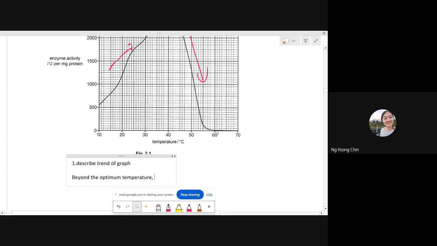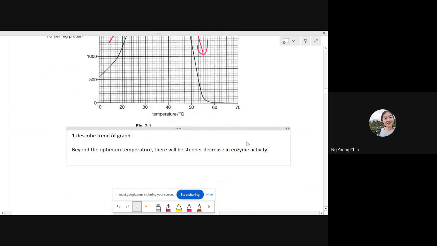So it will show the enzyme activity. There will be a steeper decrease in the enzyme activity. See, steeper decrease from 40 degrees Celsius to 60 degrees Celsius.